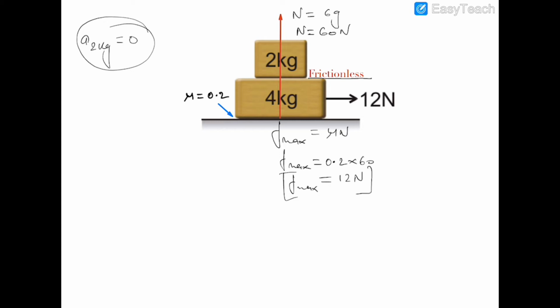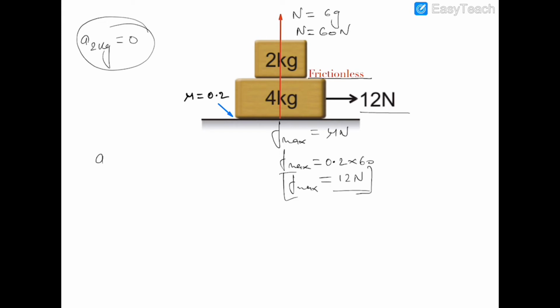The other important thing is that the force we apply on the 4 kg block is 12 Newton, and the maximum friction which can restrict the 4 kg block is also 12 Newton. So this friction is sufficient to prevent sliding of the 4 kg block.